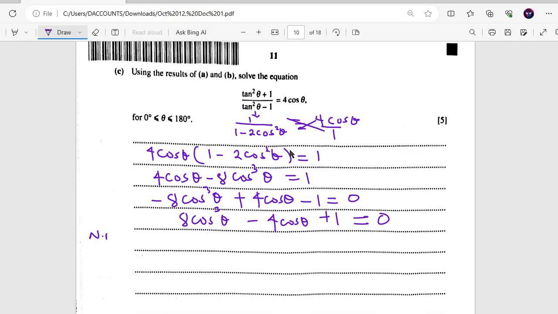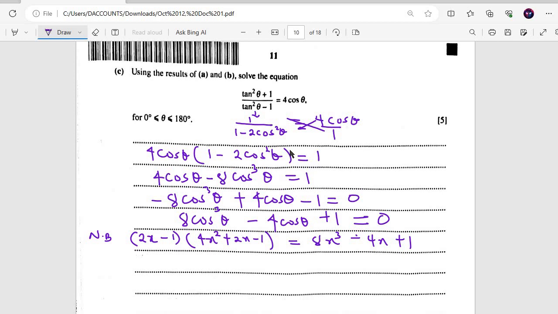We recall that from the first question, question number 1, we are asked to verify that 2x minus 1 and 4x squared plus 2x minus 1 is the same thing as 8x cubed minus 4x plus 1.